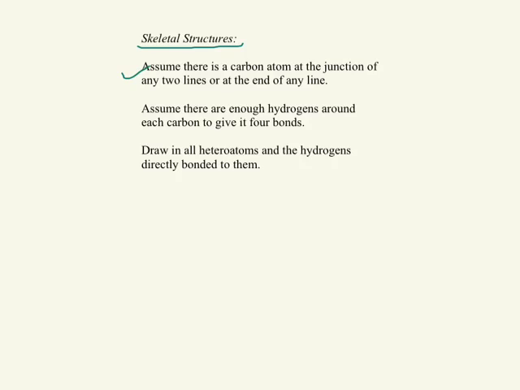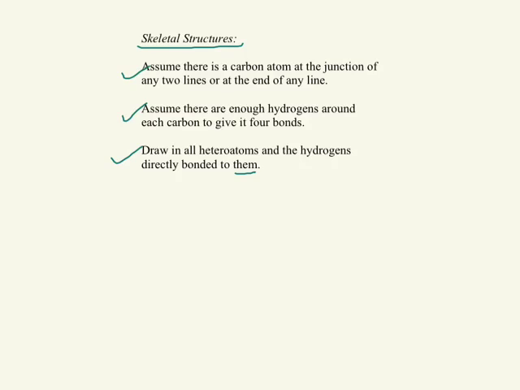Second, assume there are enough hydrogens around each carbon to give it 4 bonds. Third, draw in all the heteroatoms and the hydrogens directly bonded to the heteroatoms.